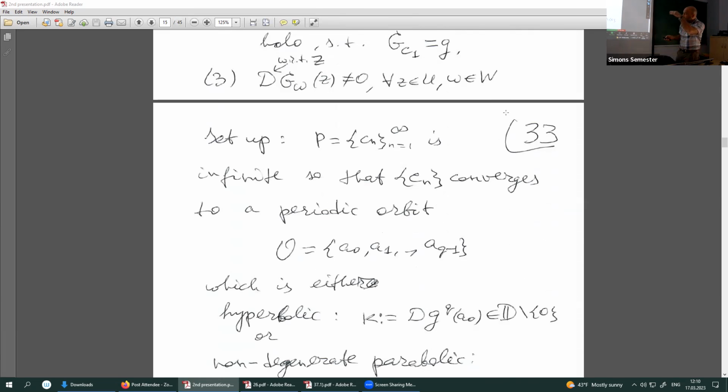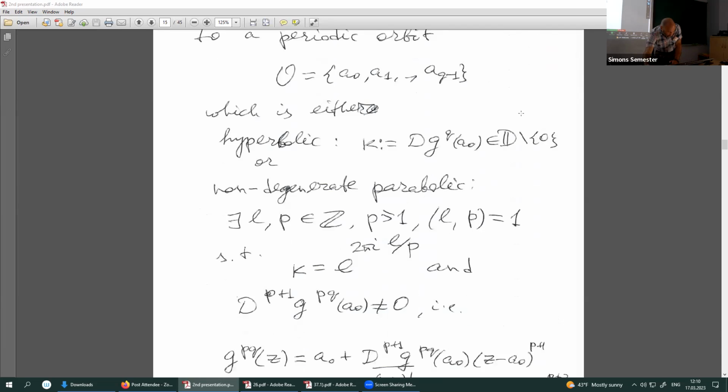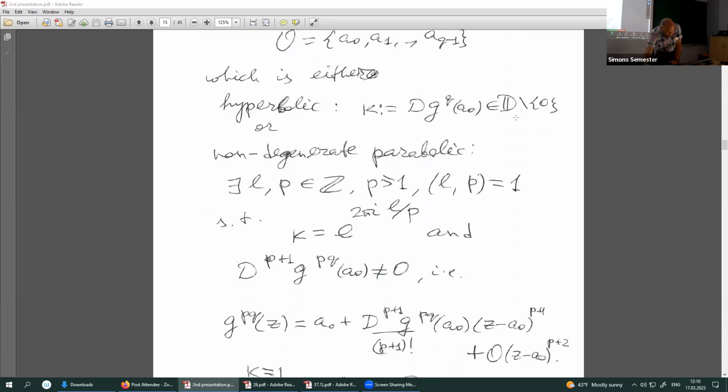Where still the marked map stands to be holomorphic locally. So this periodic orbit is either attracting or hyperbolic, so its multiplier is like this, but hyperbolic, not zero. Or it is parabolic, but non-degenerate.